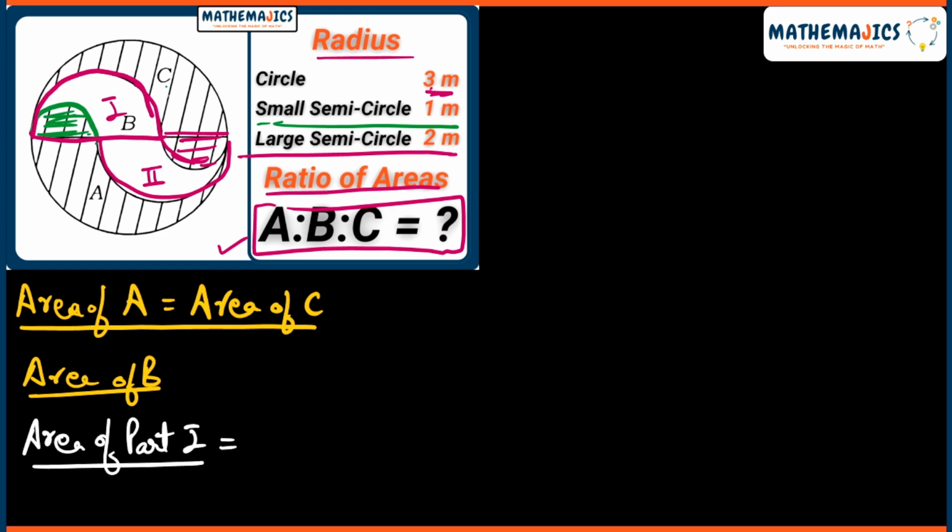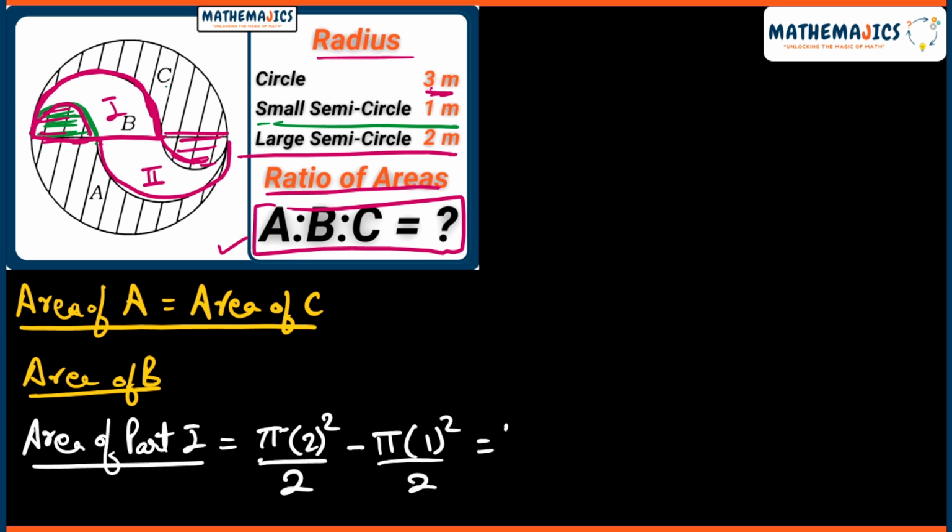Now, how we can find the area of part 1? Please see. As I told you, we have this large semicircle. From this, if we remove this small semicircle, we will get area of part 1. So what is area of large semicircle? Pi r square. What is radius of large semicircle? 2. Pi r square is area of circle, but here we have semicircle, so divided by 2, minus area of small semicircle, radius is 1, over 2.